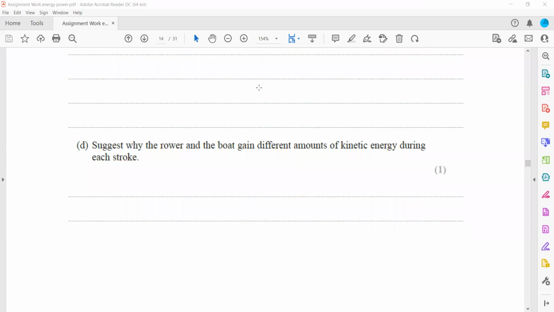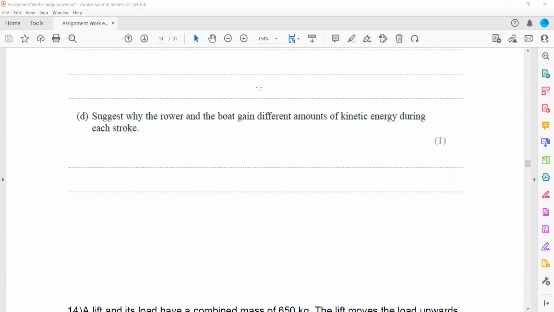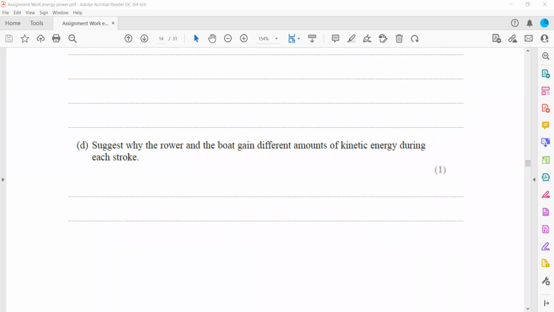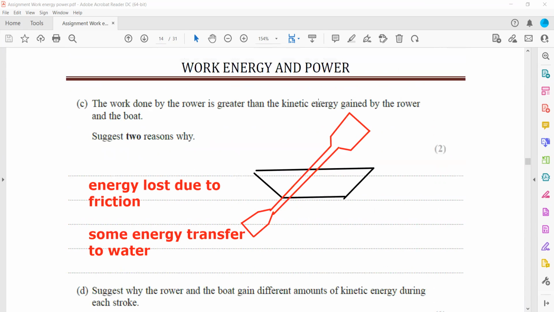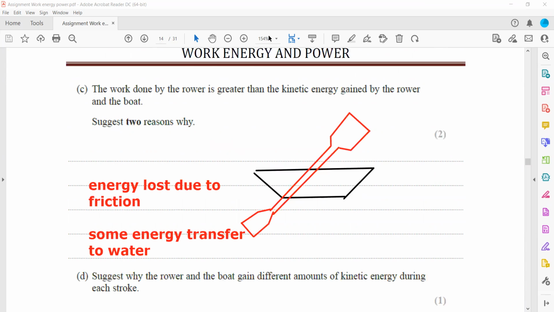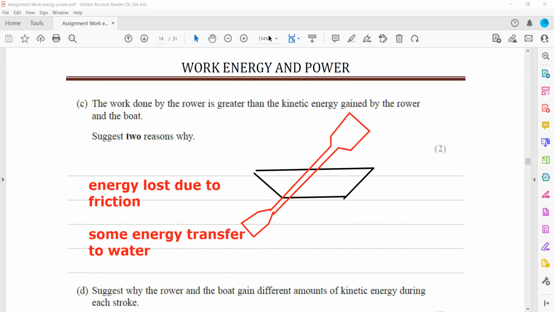Suggest why the rower and the boat gain different amounts of kinetic energy during each stroke. So what is the reason they have different kinetic energies? When the rower is stroking, there's a person inside the boat, so the boat and the person are both moving at the same speed.